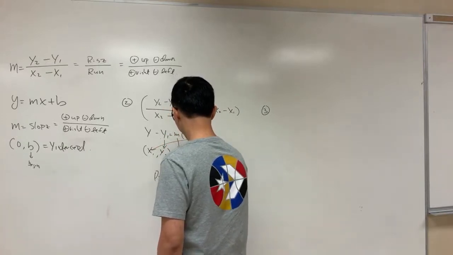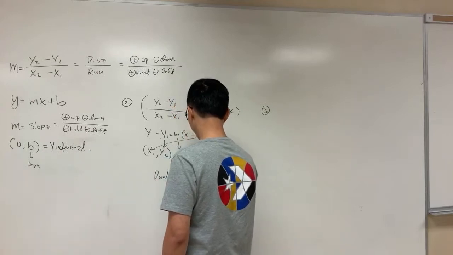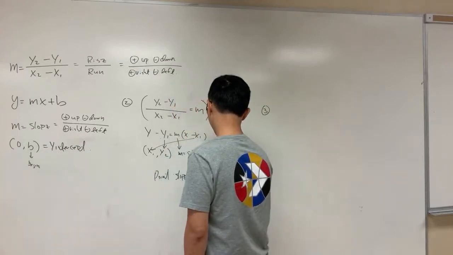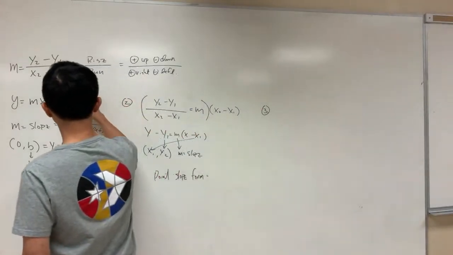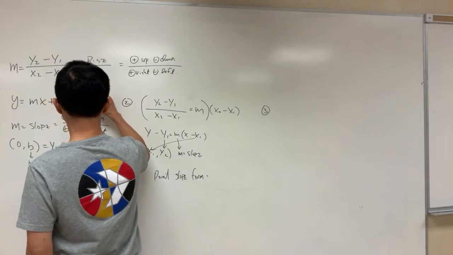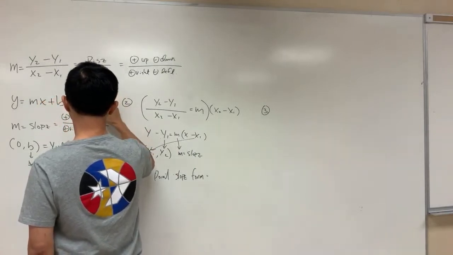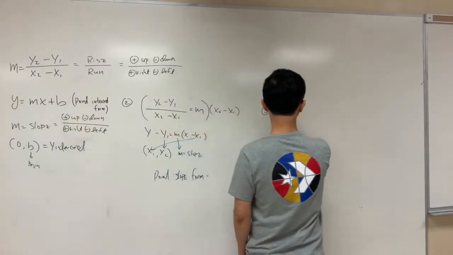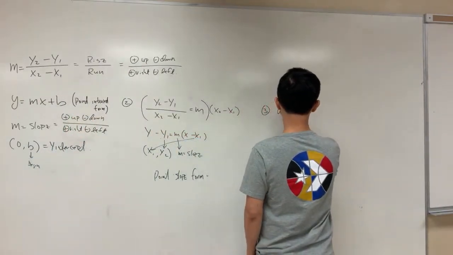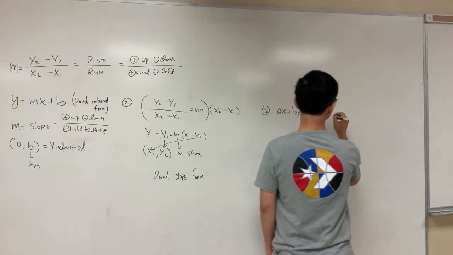This is called point slope form. This is one of my favorite forms. And this is called slope intercept form, because there's a slope and there's a y-intercept. And the third one, Gabriel's right, is called ax plus by is equal to c.